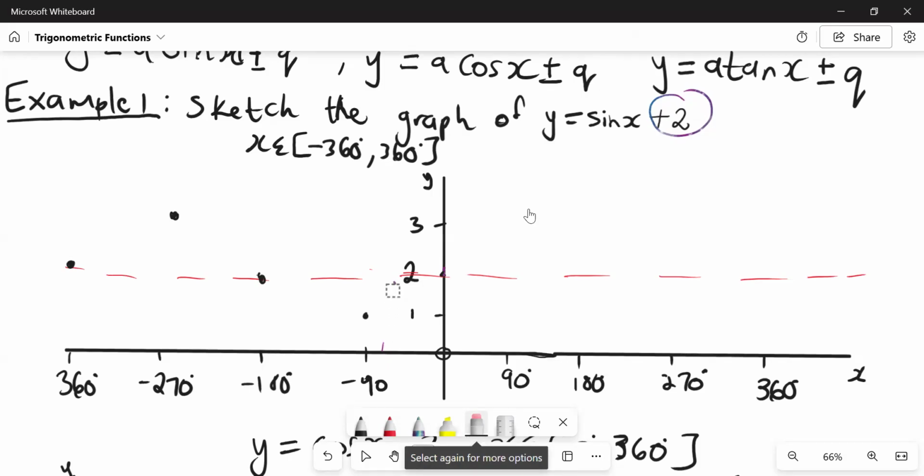And then 0 is at 2. And then 90 is at 3. 180 at 2. 270 at positive 1. And then 360 at 2. And then you just join the points.